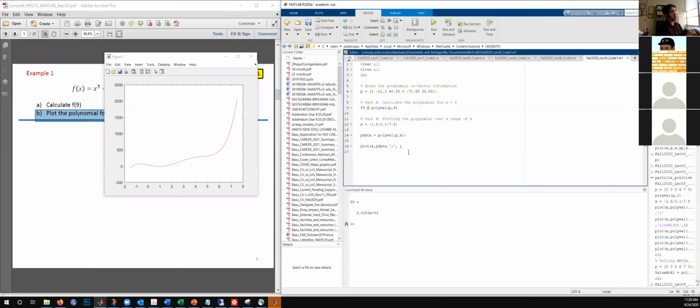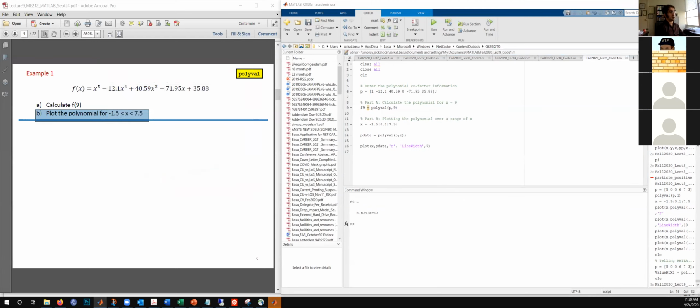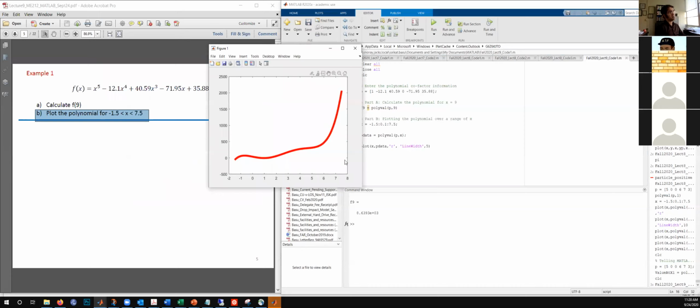So for example, if we want to make the plot look thicker, we can do line width and then maybe use a trial number, save this and run it again. So you can iterate on how you want your visual to look. Okay, any question on this one?